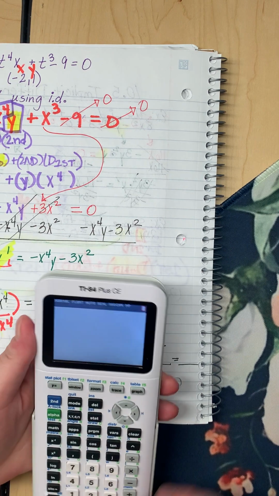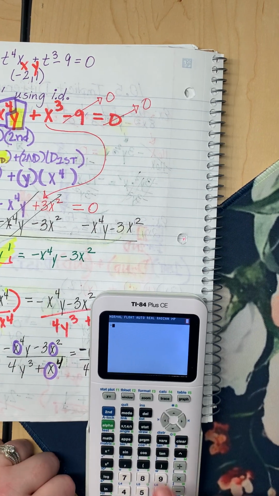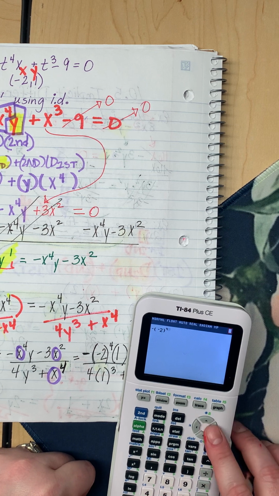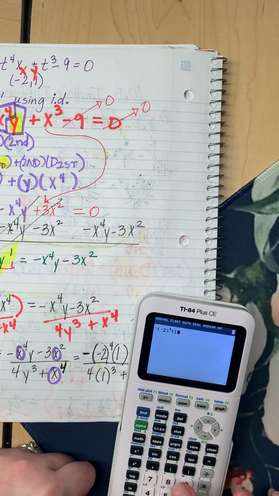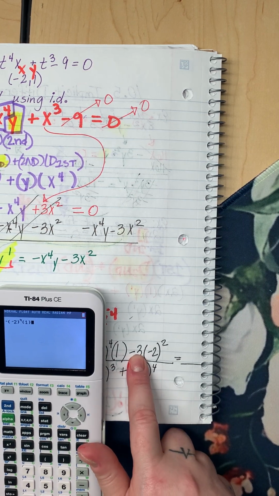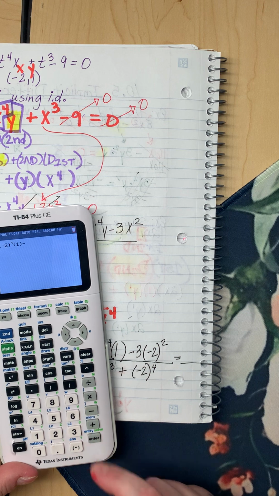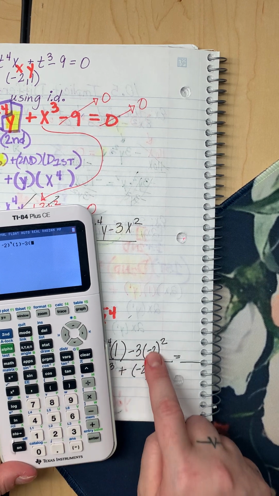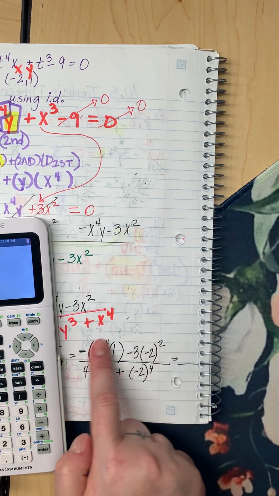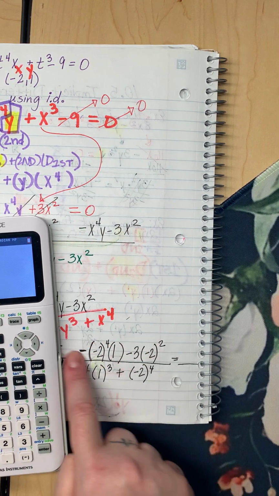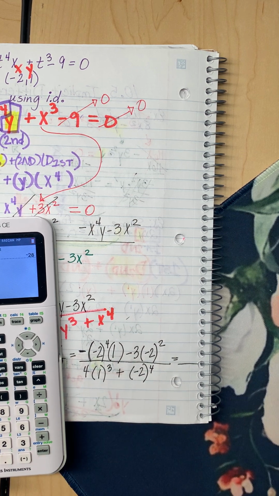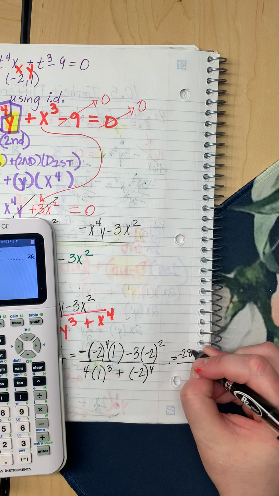So we get negative parentheses negative 2 to the 4, times 1. And then minus 3 parentheses negative 2 squared. The only minus on this top line was the dash on the 3. And I got negative 28.